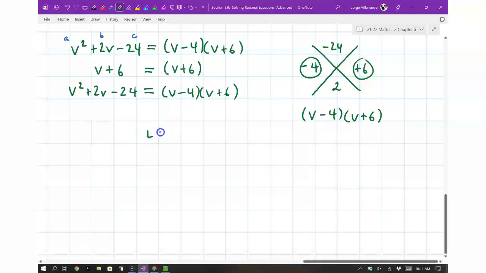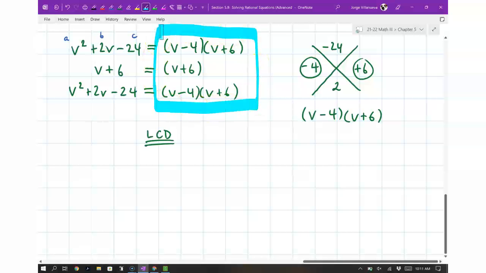What is my LCD? Well, you look at all of this stuff right here, and you start listing out everything you see that's different. So one of the things that I see that's different is a v minus 4. And the highest power that I see for a v minus 4 is a first power, so that means I'm going to leave it just like that.